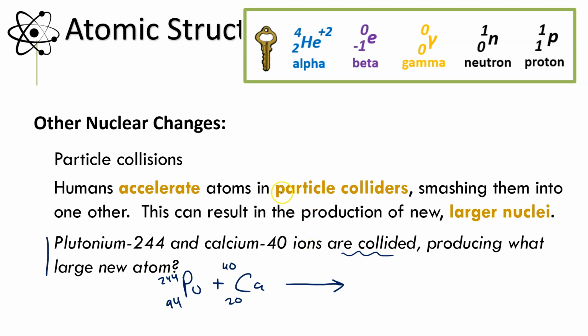Based on the sentence I'm given, it says it's producing just one single large new atom, so we've just got to add these numbers together. 94 plus 20 is 114, 244 plus 40 is 284, and element 114 is called flerovium, symbolized Fl.